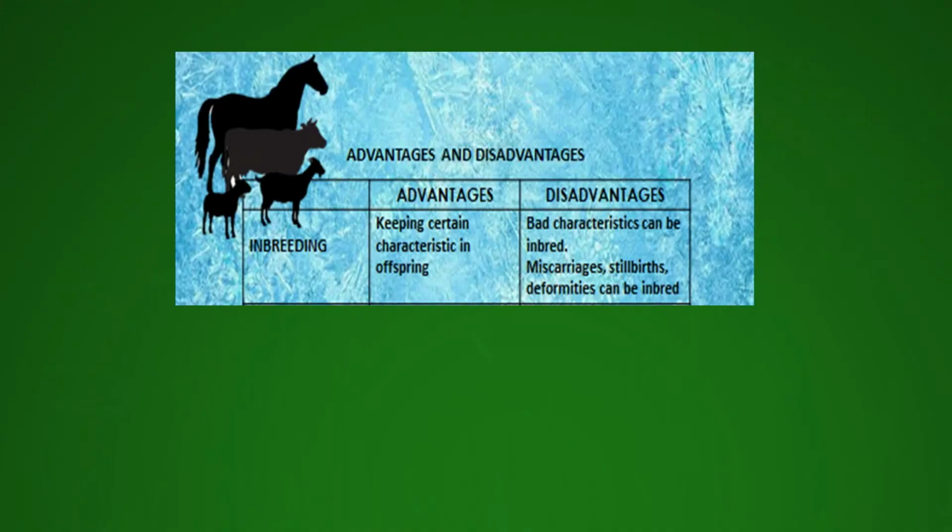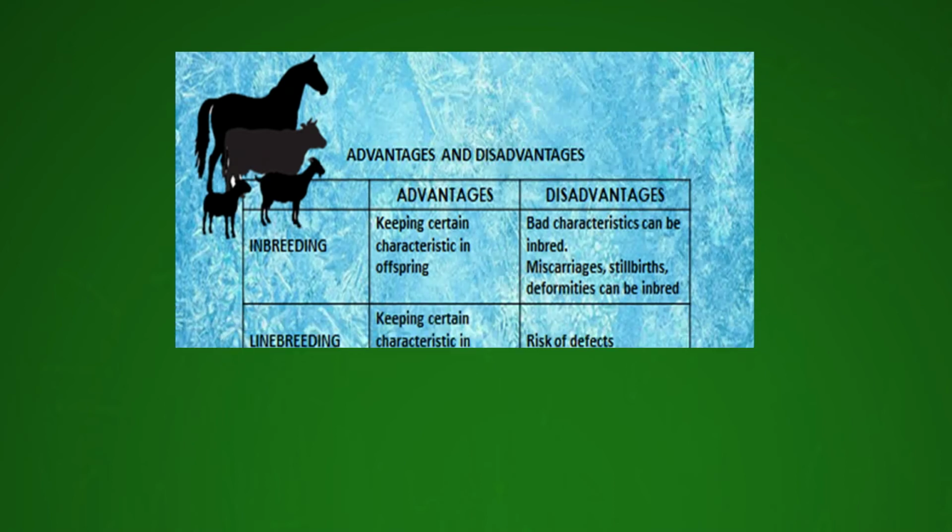Before you decide which breeding system you are going to use on your farm, let us look at the advantages and disadvantages of each system. Inbreeding. Keeps certain characteristics in offspring, but bad characteristics such as deformities can be inbred. Line breeding.